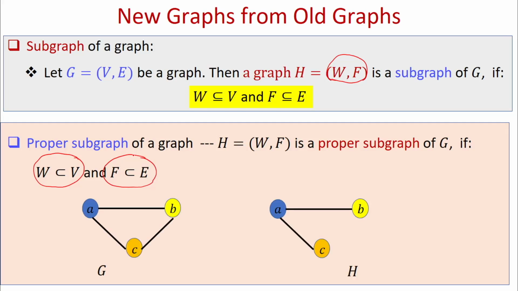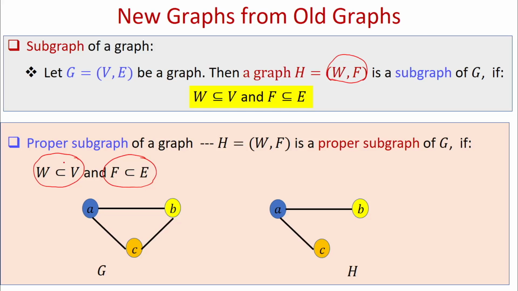Now, with respect to this definition, if I take my graphs G and H to be this, then H won't be considered a proper subgraph of G. This is because all the vertices of H are the vertices of G as well.